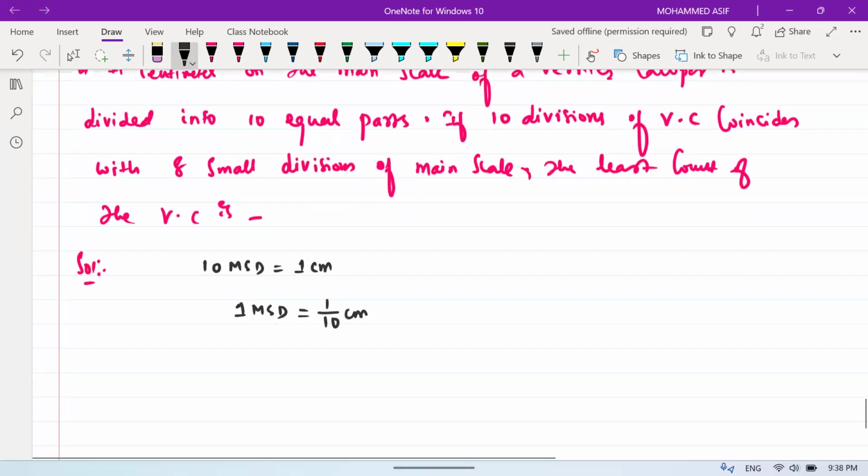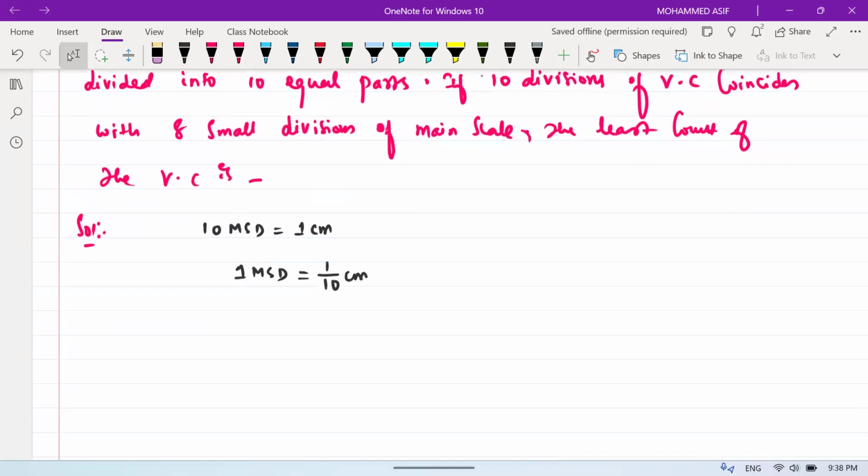Clear? Now it is asking the least count. So what is the least count formula, beta? Least count is equal to 1 MSD minus 1 VSD. Okay? Am I clear? This is our basic formula.